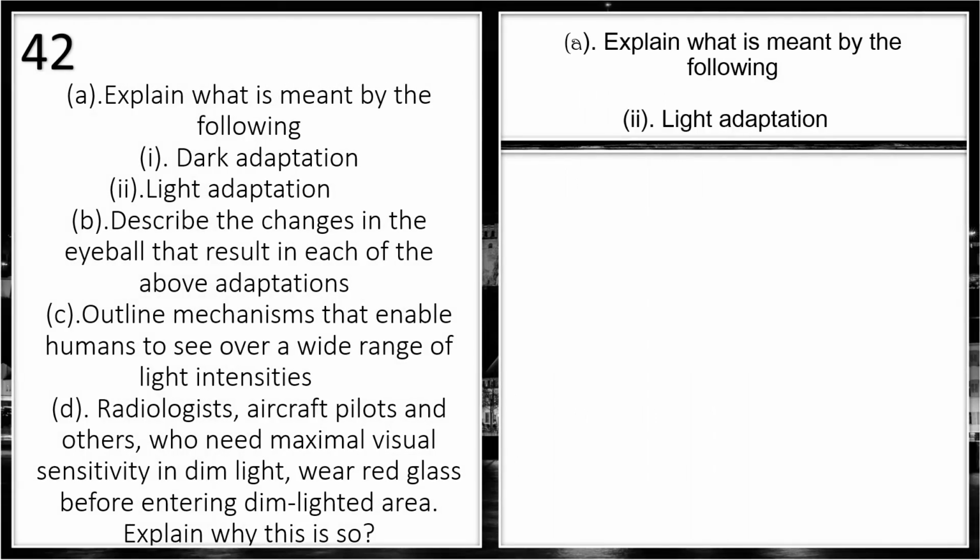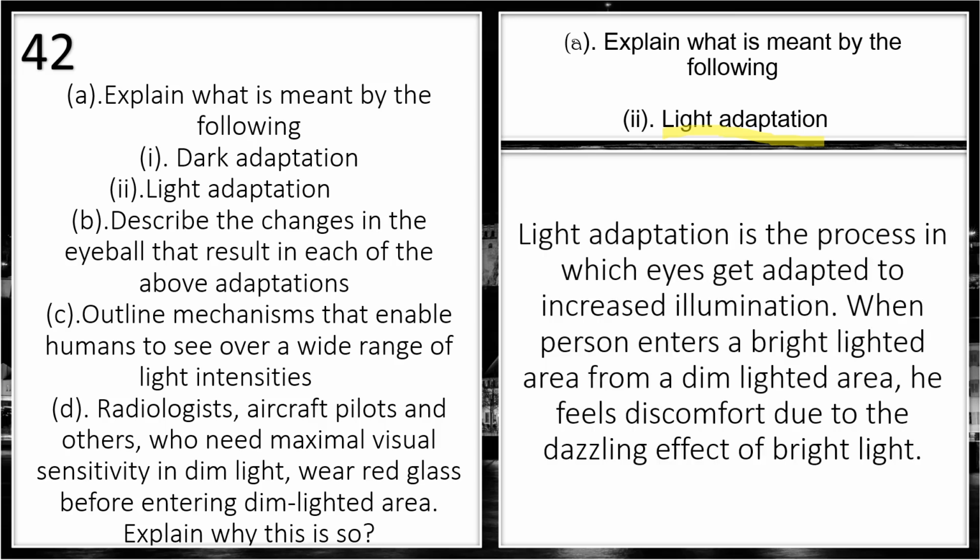What is meant by light adaptation? Light adaptation is the process in which the eye gets adapted to increased illumination. When a person enters a bright-lighted area from a dim-lighted area, he feels discomfort due to the dazzling effect.